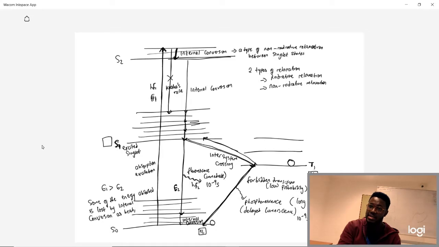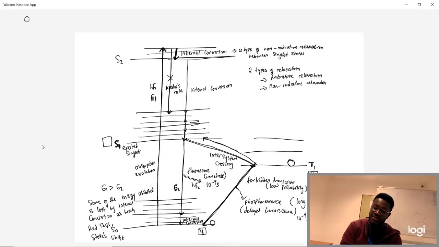Since it's going towards the longer wavelength, we say it's going towards the red wavelength. So this is called red shift, or the Stokes shift.